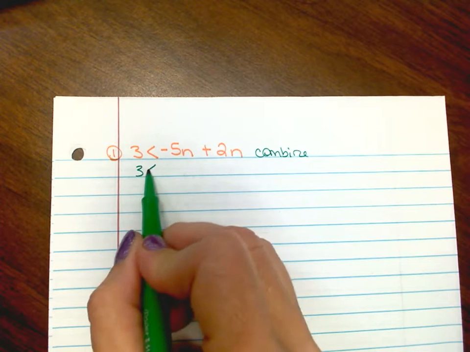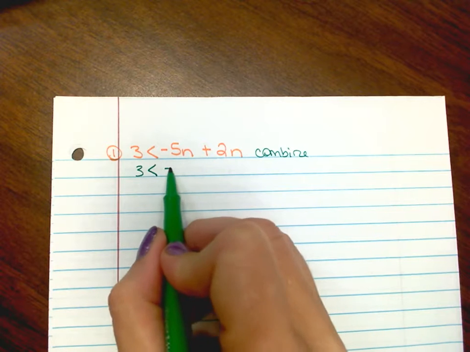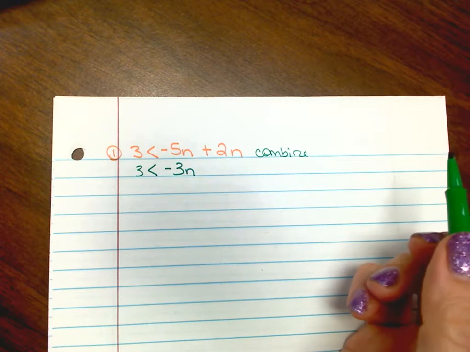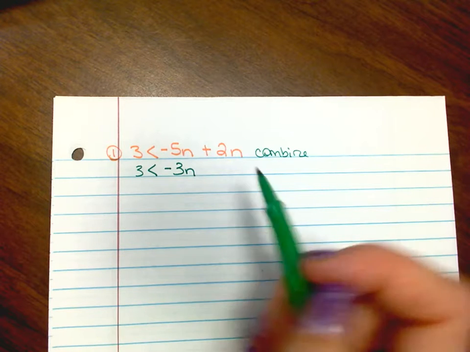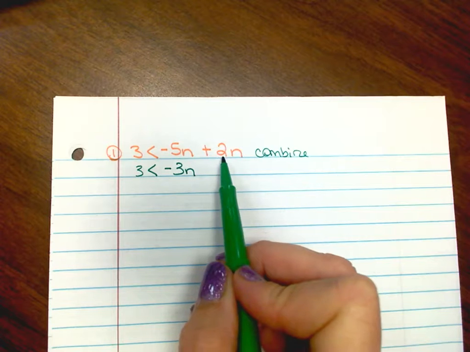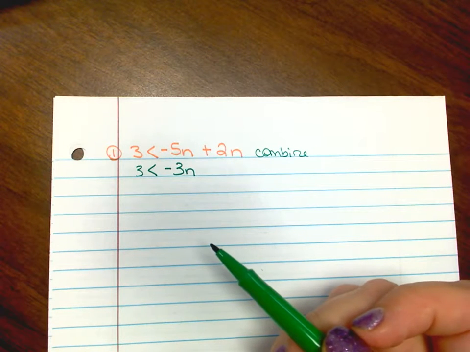So 3 is less than negative 5 plus 2, which would be negative 3n. This is just knowing your integers. If you have negative 5, 2 of these positives will cancel out 2 of the negatives, and you're left with a negative 3n.